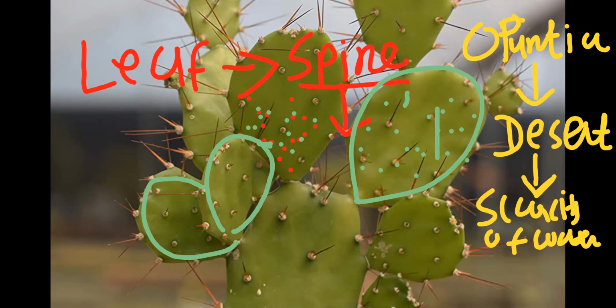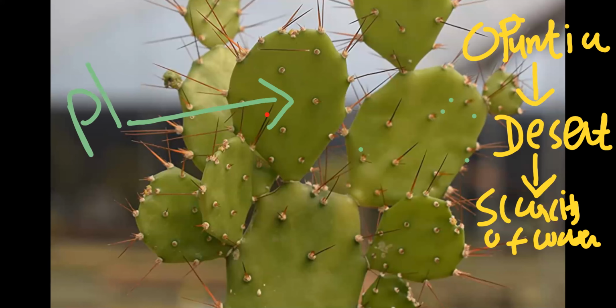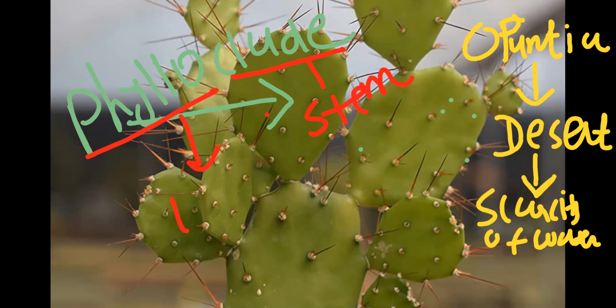That stem, here stem perform which function? Photosynthesis by possessing chlorophyll in them, right? So that stem we call phylloclade. Remember, clade का मीनिंग होता है स्टेम, फाइलो का मीनिंग होता है लीफ लाइक.